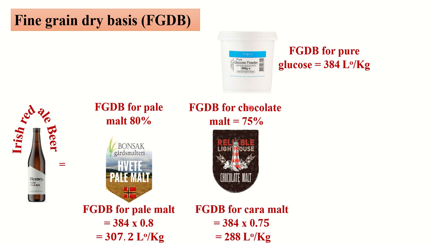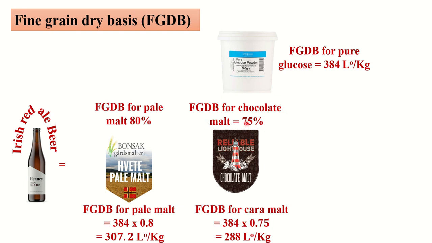The same goes with the chocolate malt also. You can infer something here: the extractability of pale malt is slightly higher than your chocolate malt, because this chocolate malt is produced upon passing hot air. So some kind of caramelization is going on there.